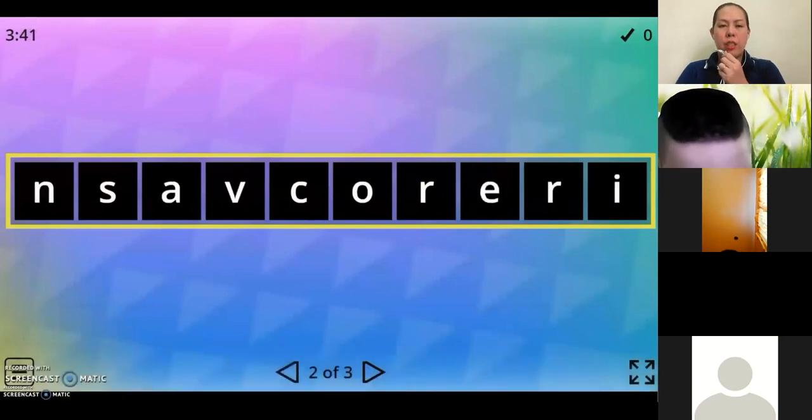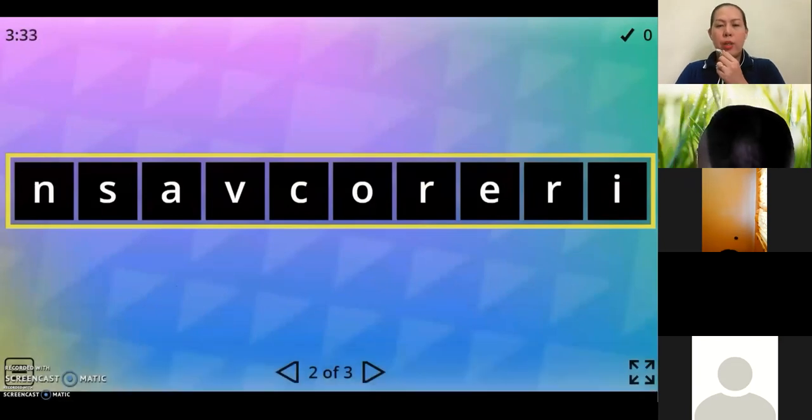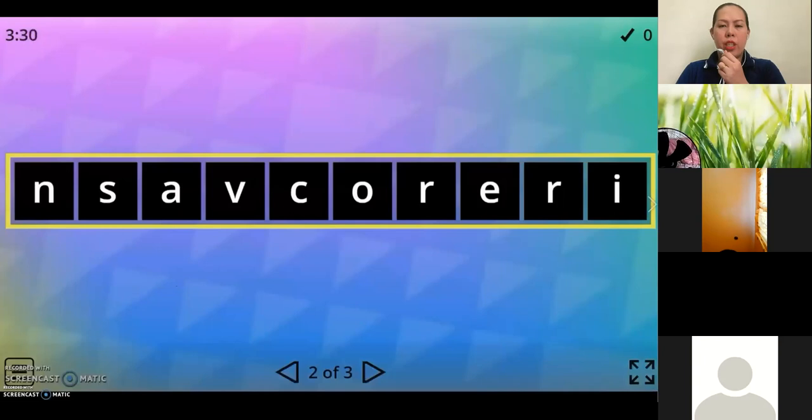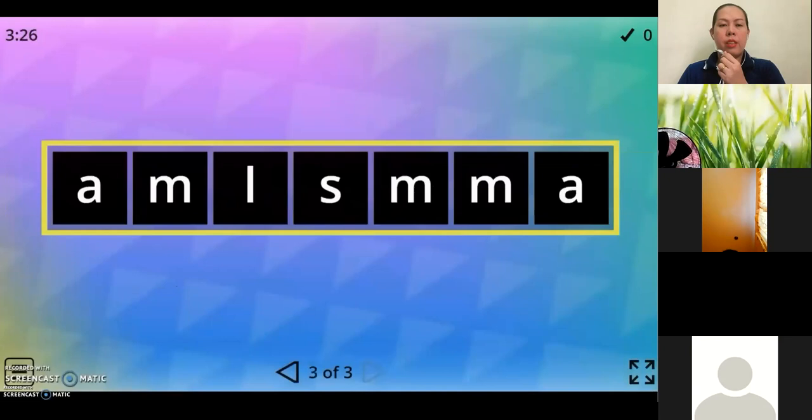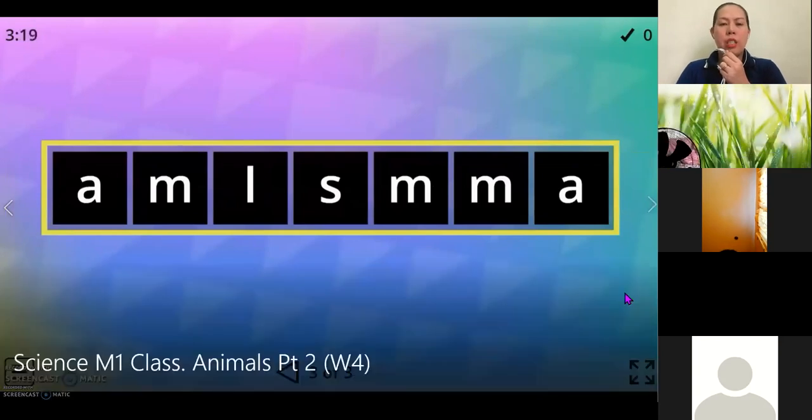Number 2, please unscramble the letters to get the word carnivores. And number 3, please unscramble the letters to get the word mammals. You can get the correct answer by unscrambling the letters.